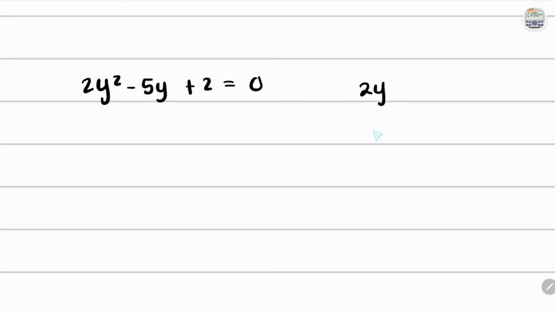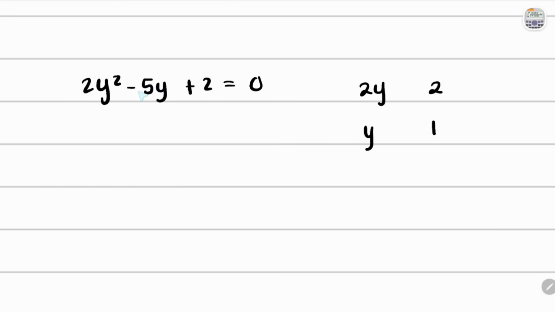So that will be 2y multiplied by y gives you 2y squared. And then the factors of the last term, it's just 2, so it can be 2 times 1. Now, notice that this is positive, meaning the only way that you could have gotten a positive is by saying positive times positive or negative times negative. Now, we would know which it is by looking at the middle term.